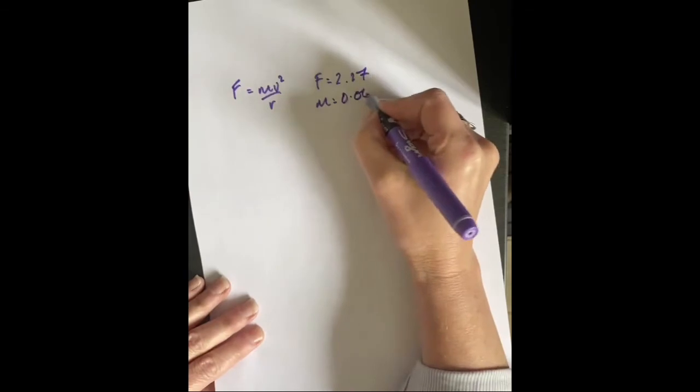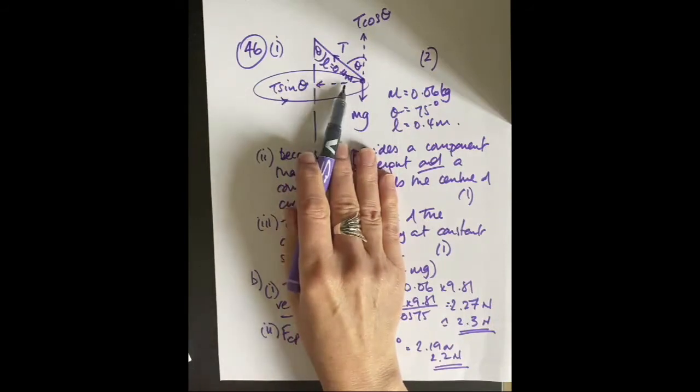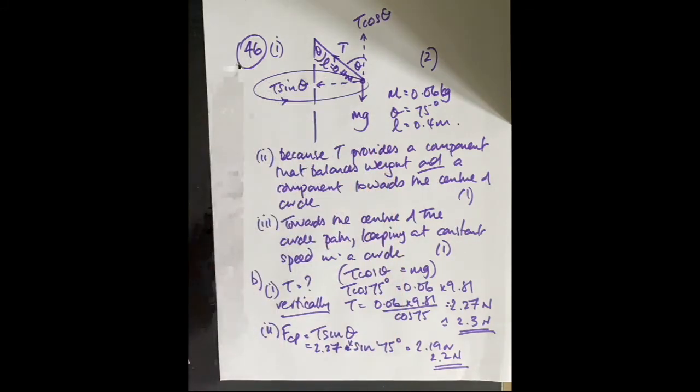and m was 0.06, and what's the radius of the circle? It is not 0.4 meters. What is the radius of the circle here?